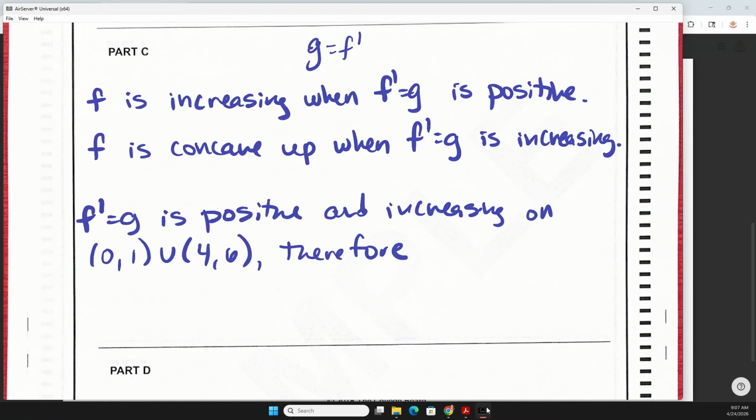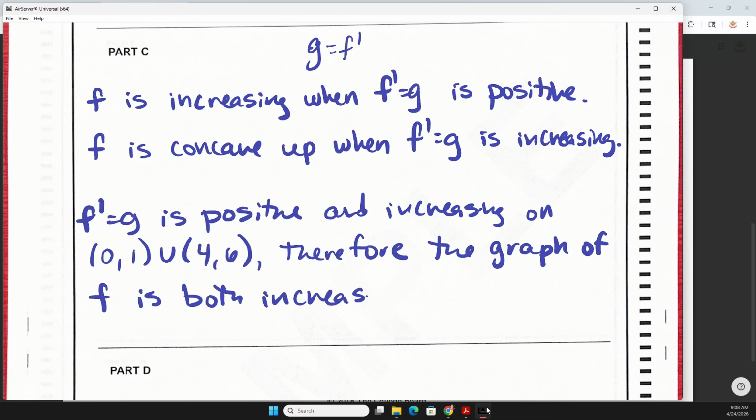Therefore, the graph of f is both increasing and concave up on those intervals.